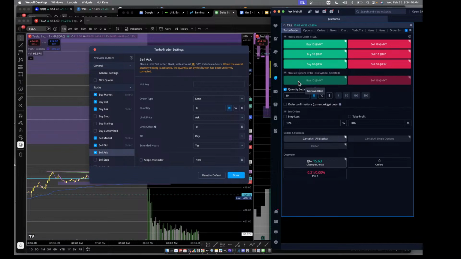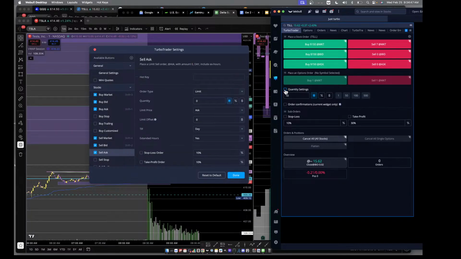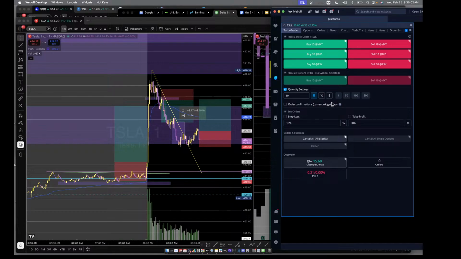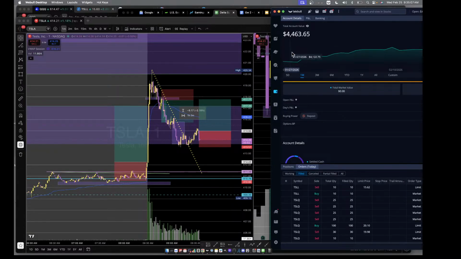For options, I shouldn't have. Options should be automatic 10. I think there's the beginning of a slow and profitable approach.